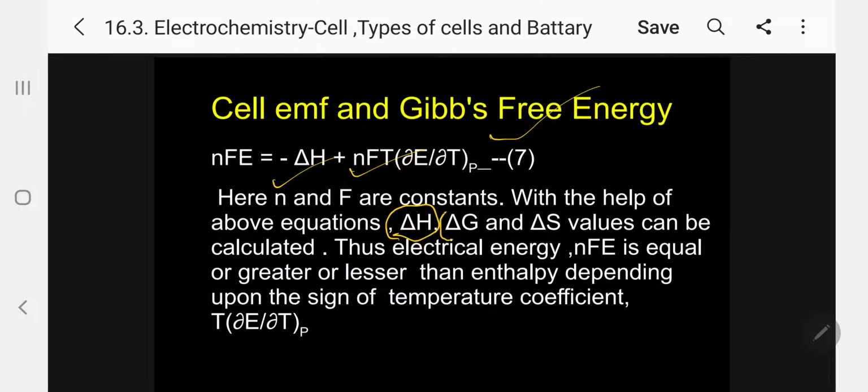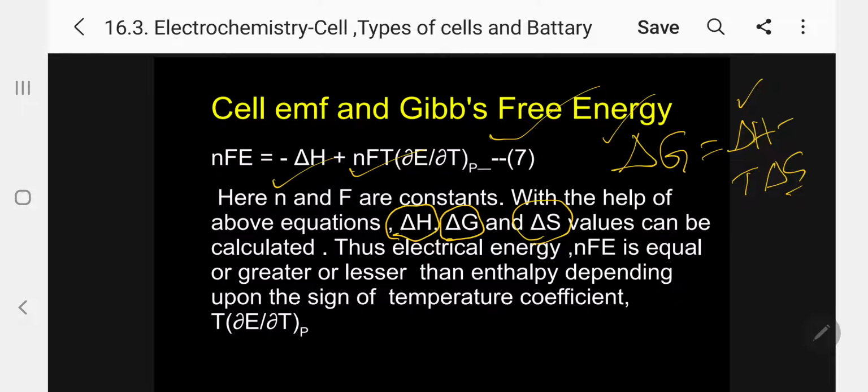Delta H, delta G, delta S we can calculate, because in thermodynamics we know delta G equal to delta H minus T delta S. Delta G we know already, delta H we have already calculated, so automatically delta S also can be calculated. Please follow. All three values we can calculate.